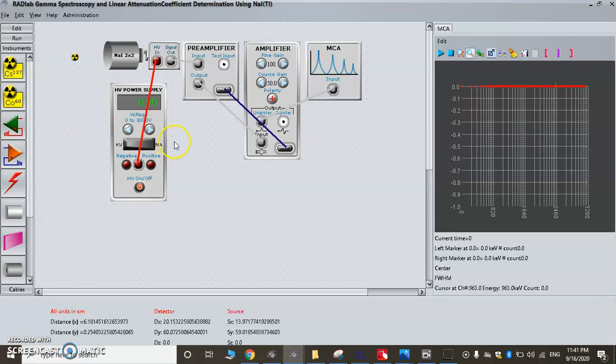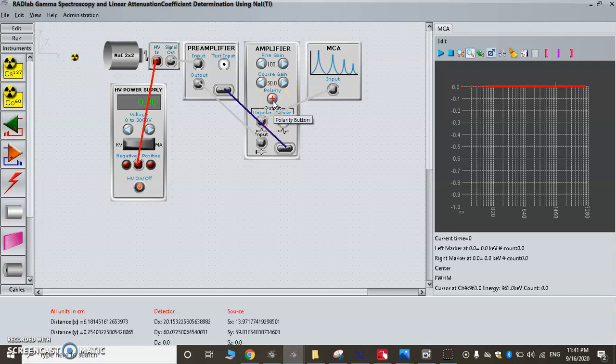For the experiment, make sure the power supply voltage is 0.9 volt. This switch is on the right side in MA mode, then the fine gain is 100 and the coarse gain is half of the fine gain, and the polarity should be positive.